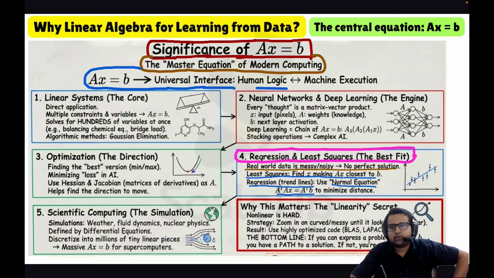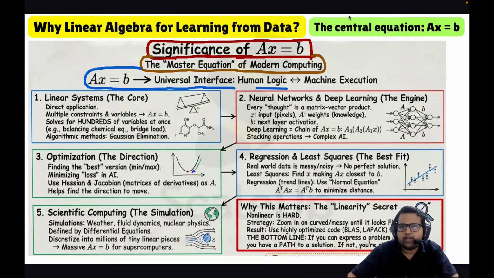We call it the normal equation and use it to minimize the distance. So it's very clear that the master equation Ax = B has a role to play in least squares and also in linear regression.